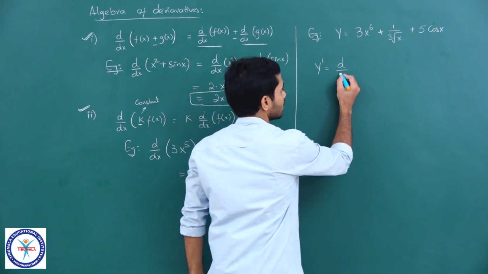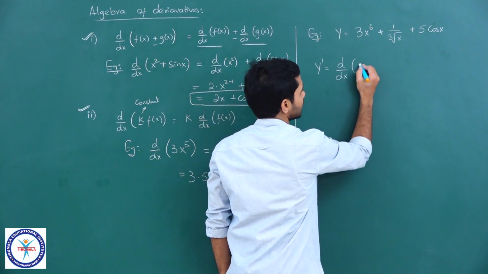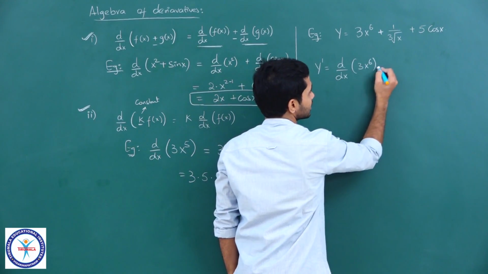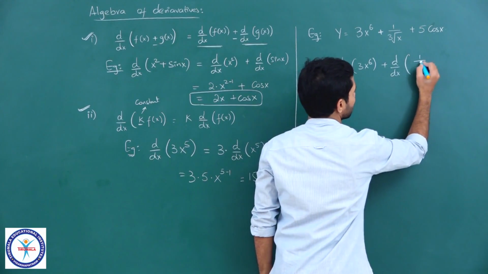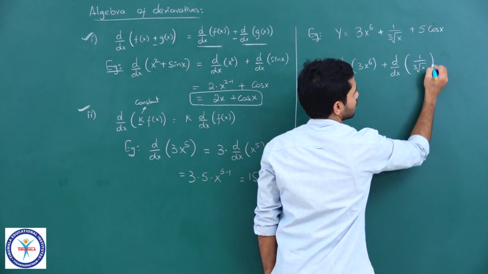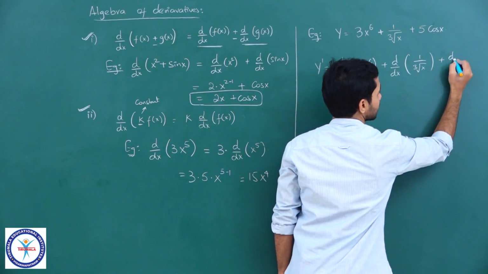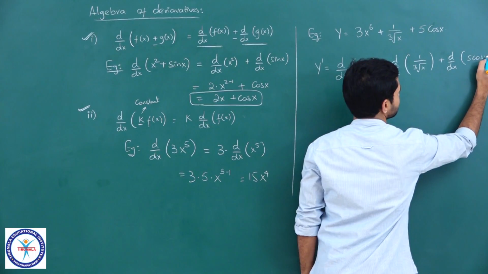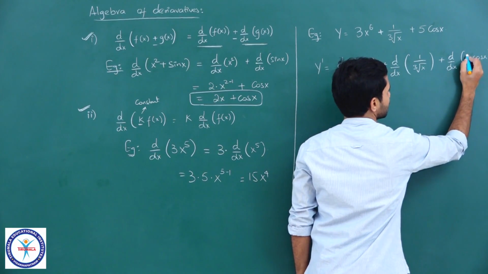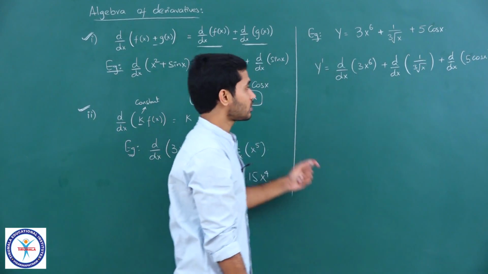So, first I will write that. I can write the whole expression as d by dx of 3x power 6 plus d by dx of 1 by cubed root x plus d by dx of 5 cos x, right. So, I have just separated it. I have used the first rule.